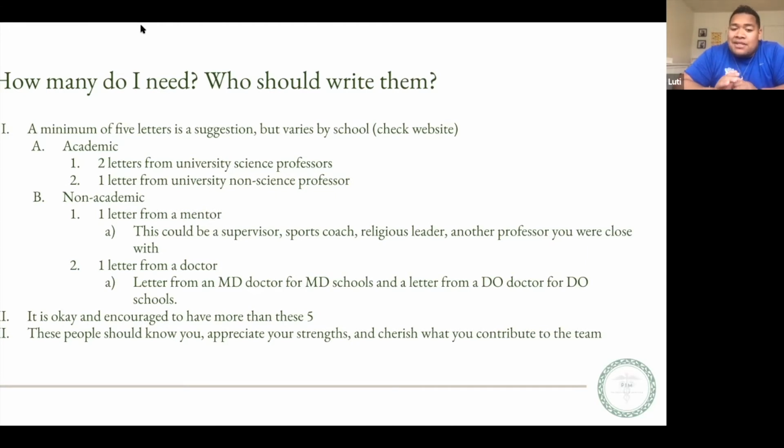Even though you won't be able to see that letter, it'll show when the med school reads it that the professor is just saying really generic things, that they don't really know you. So make sure these people know you. Make sure that they appreciate your strengths, that they cherish everything that you bring to your relationship, to the team that you were in, research, work, as a class, etc. Just whatever it is.